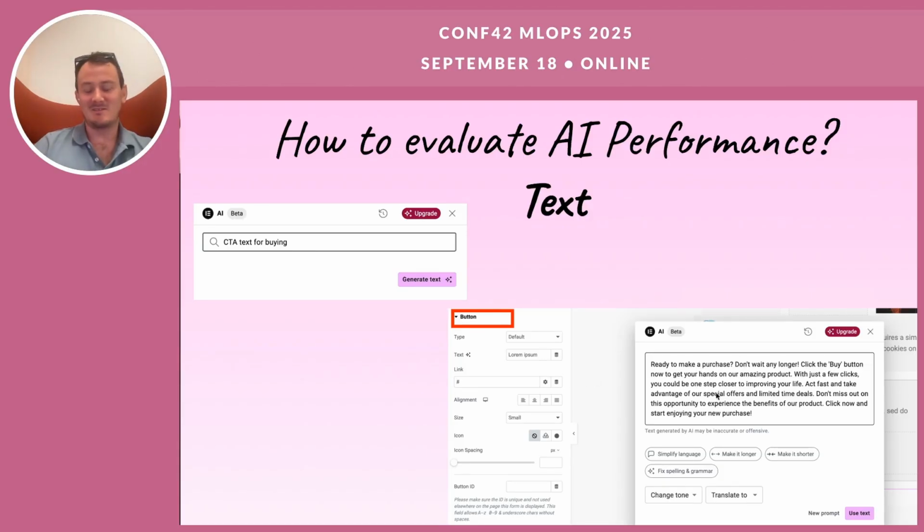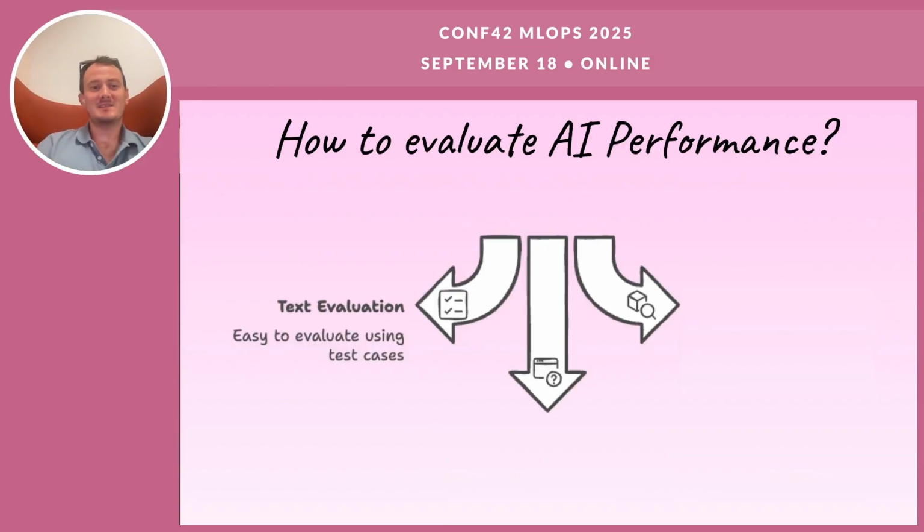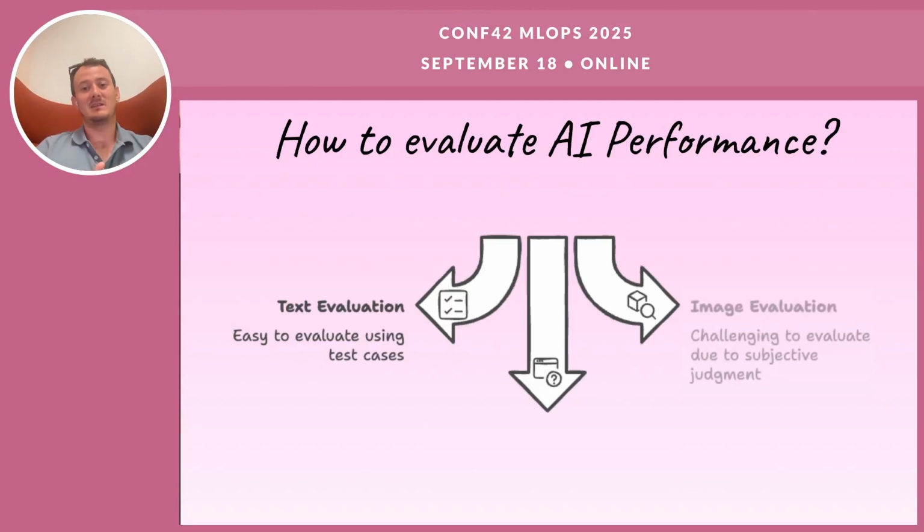It makes no sense that this type of text should be on a button. So once we understood that those scenarios exist, we added evaluations to ensure that texts that AI generates for a button widget would be different in length than a text for a heading and a text for a full paragraph. But for text, it's pretty straightforward. You put text in, the LLM provides text out, and that's it.